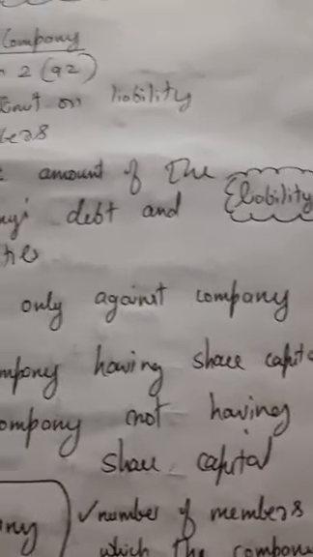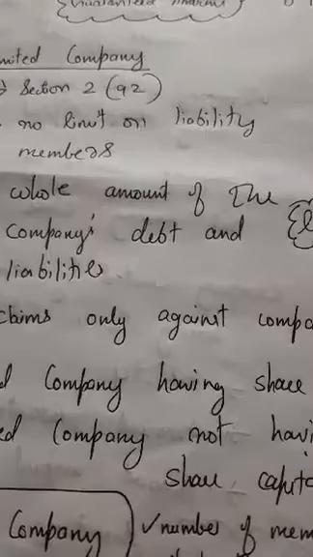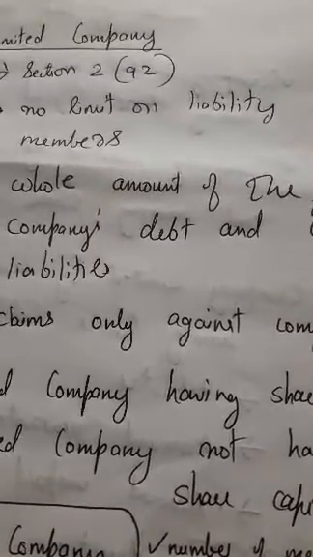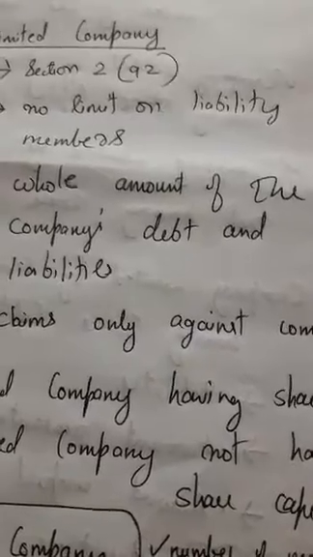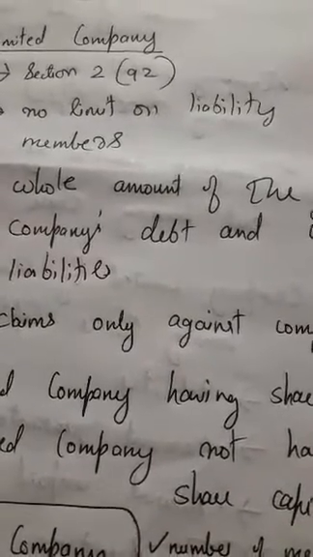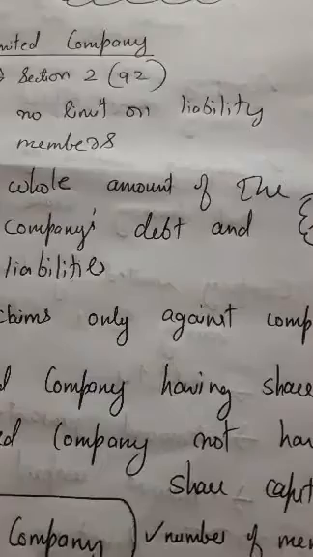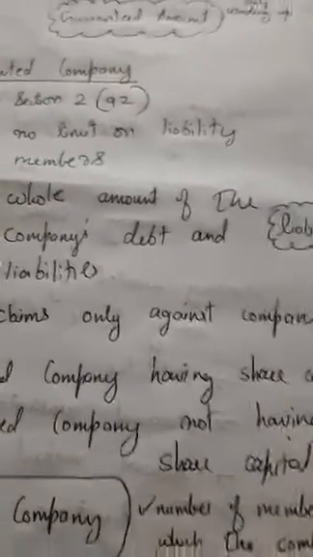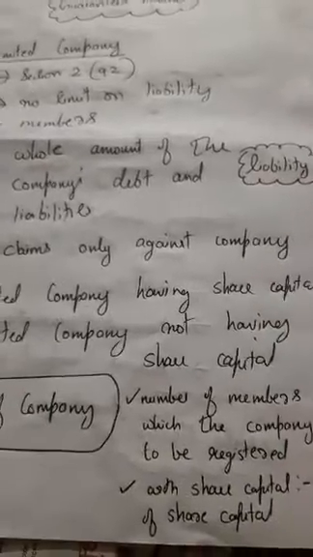Here, the liability of the member extends to the whole of the company's debt and liabilities, not just the amount guaranteed or the unpaid amount on any shares. The liability of the member amounts to the whole amount of the company's debt and liabilities.